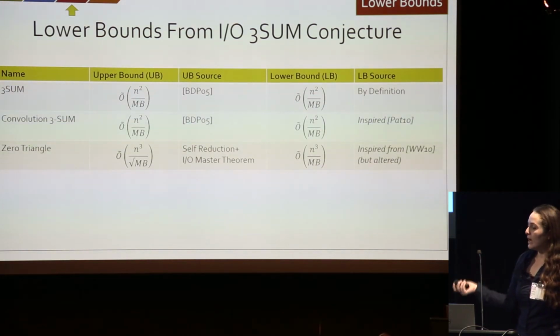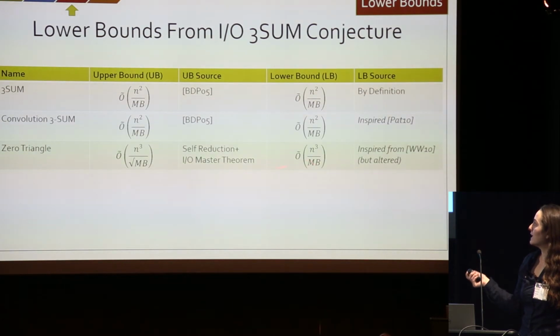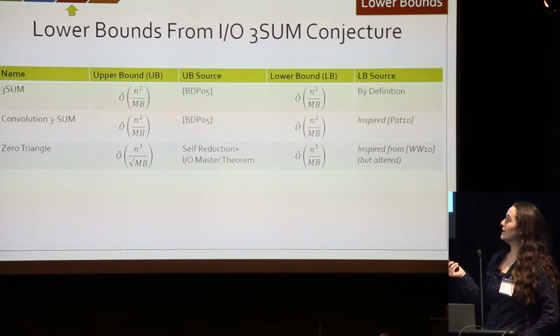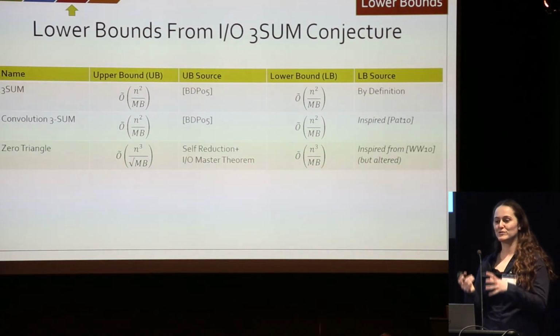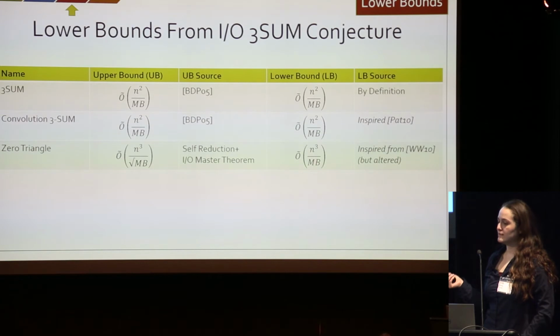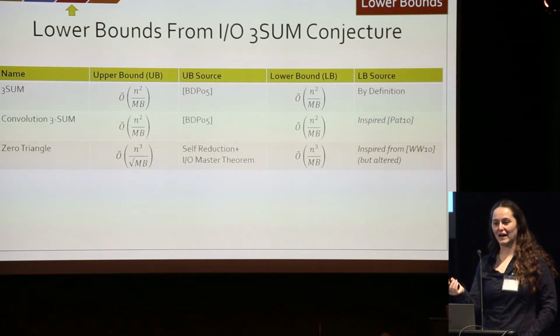So when you try and do something like this in the I/O model, the running times won't match up in terms of the savings and the cache size, because the amount of problem you can solve while in cache for zero triangle is going to be n to the 1.5.